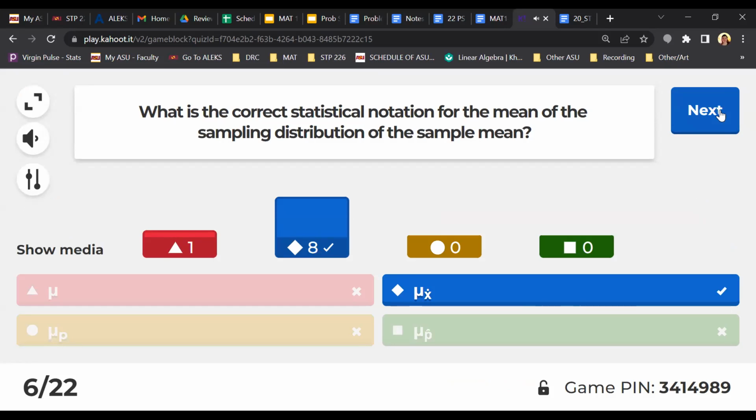So we're seeing that there's a lot of new notations that come between exam 1 and exam 2. Here we've got P, P hat, sigma sub x bar, mu sub x bar, all new notations that we should really have on our reference sheet to make sure we're getting those ones correctly. Since this is the mean of the sample means, and we know that mu means averages, so mu is mean. So this is the mean of the means, right? The average of the sample averages.